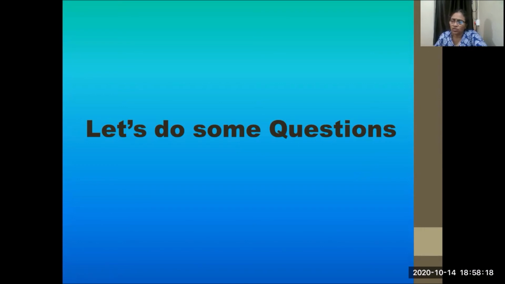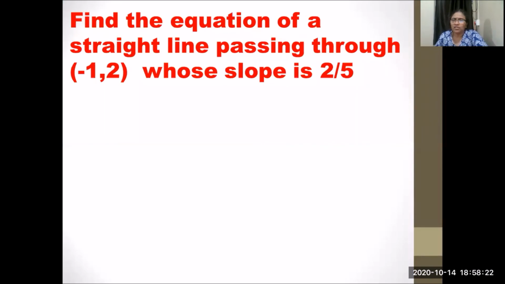Let us do some questions based on the forms which we have learned just now, that is the point slope form and the 2-point form. First question: find the equation of a straight line passing through (-1, 2) and slope is 2 by 5. So x1, y1 is (-1, 2) and the slope is 2 by 5.